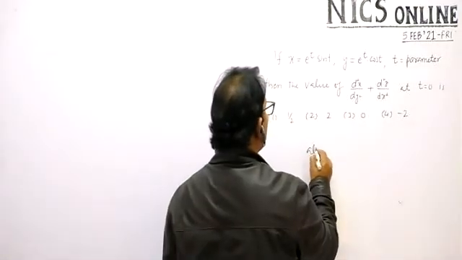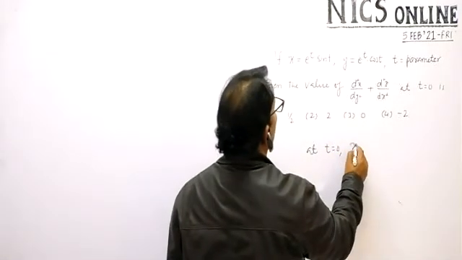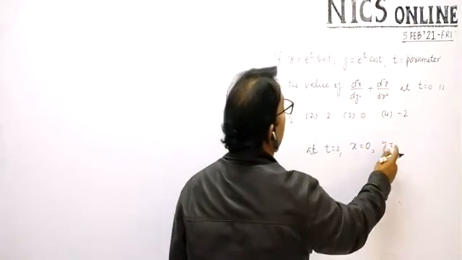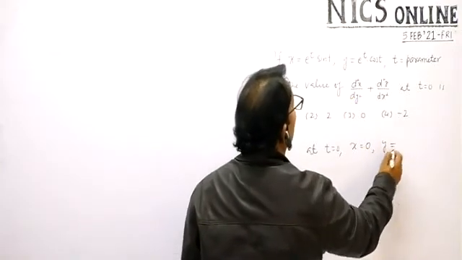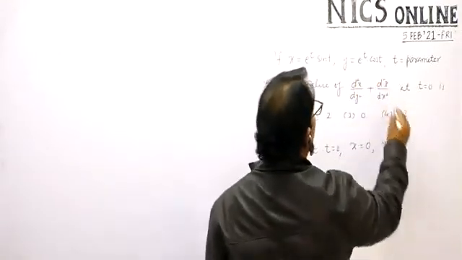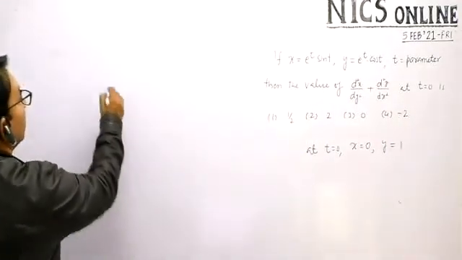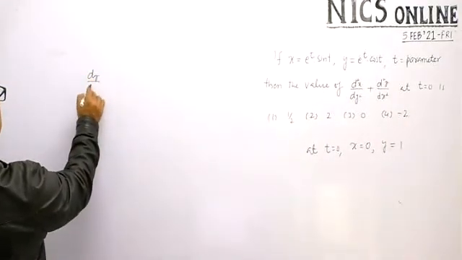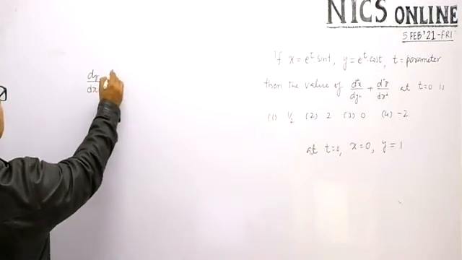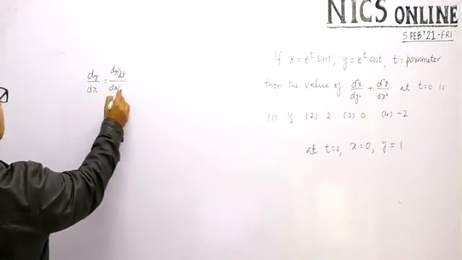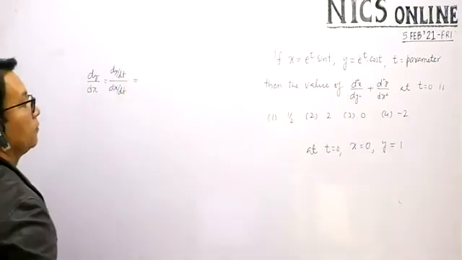So as such, at t is equal to 0, what is the value of x? Sin 0 0 होता है. What is the value of y? Value of y is e to the power 0 is 1 cos 0. First, we can find out dy by dx, which would be dy by dt over dx by dt. है ना?